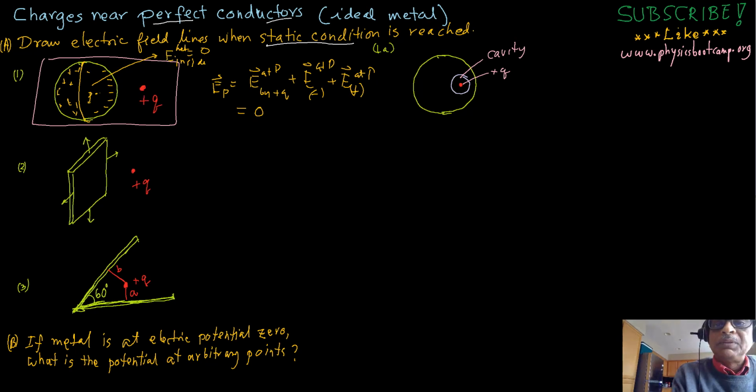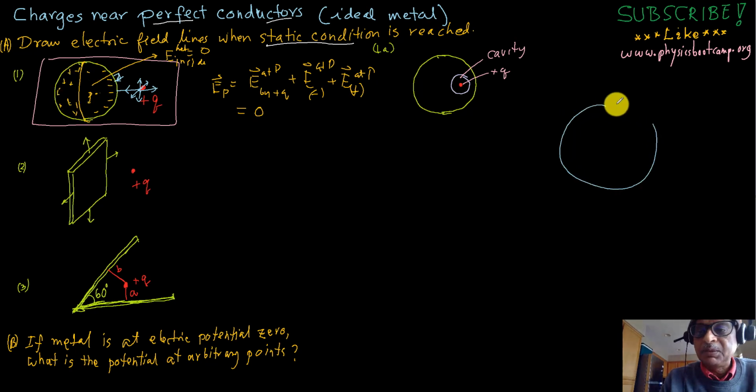The electric field will be, let's see, one field line. Of course, around here, if you're very close to the charge, electric field lines are all going like that. Over here, the electric field line will be perpendicular to the surface because it's a constant potential surface.